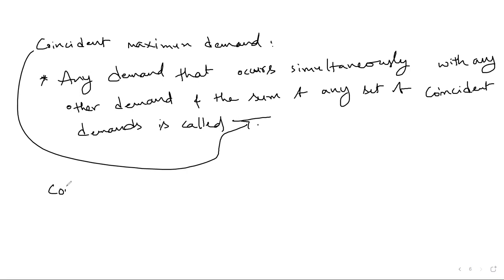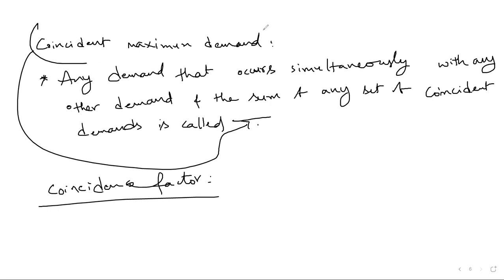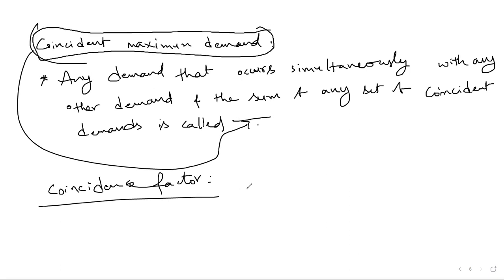Next, the last one we can conclude, coincidence factor. The last definition, simply you can write like this now: the ratio of coincident maximum demand by sum of individual maximum demands.